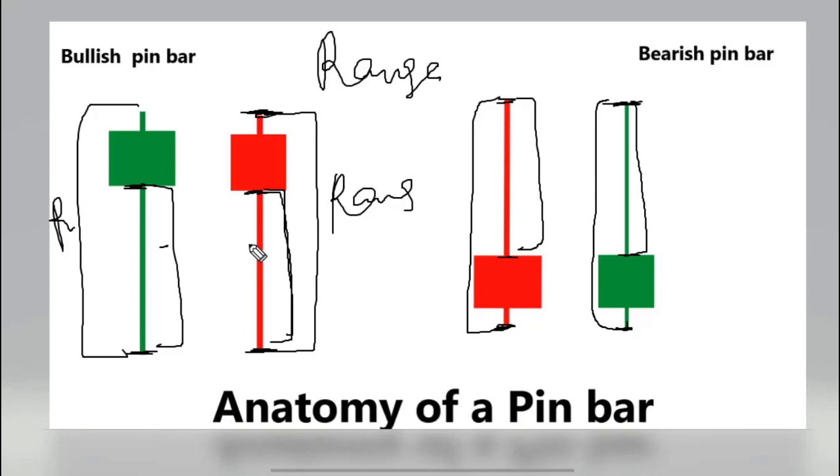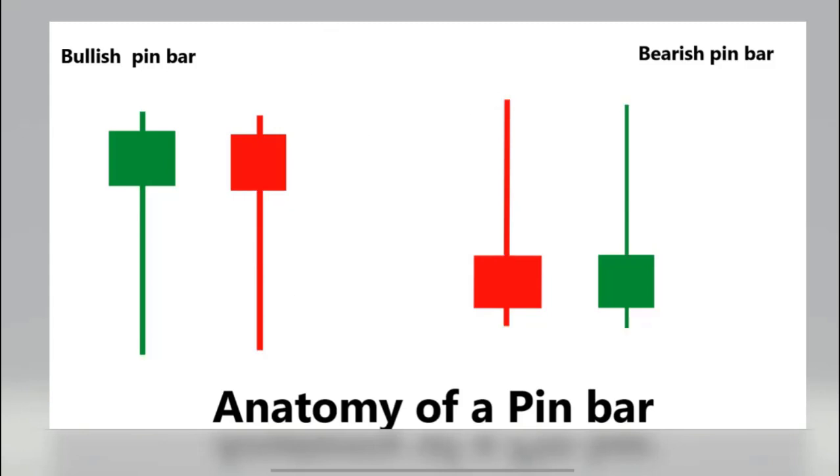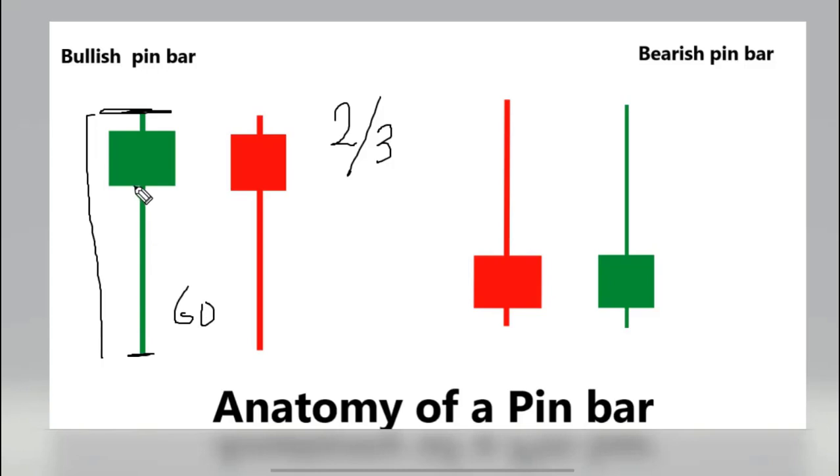According to the rules of a pin bar, it does state the tail must be at least 2/3 of the total size of the pin bar, that is, of the range of the bar. So for example, if from the peak right here to this level right here we take the measurement of the pips value, and the value is 60 pips, it means the tail must be at least 40 pips, that is 2/3.